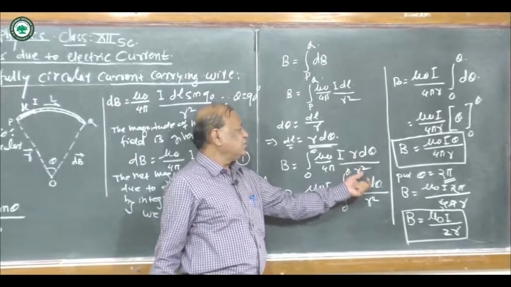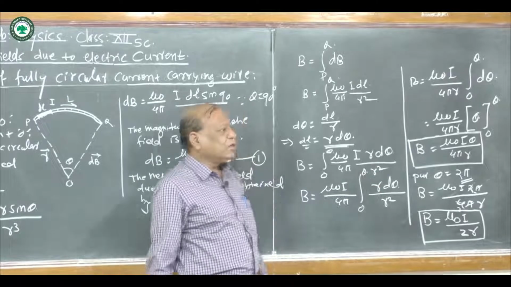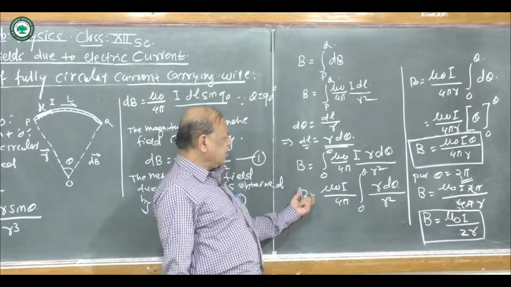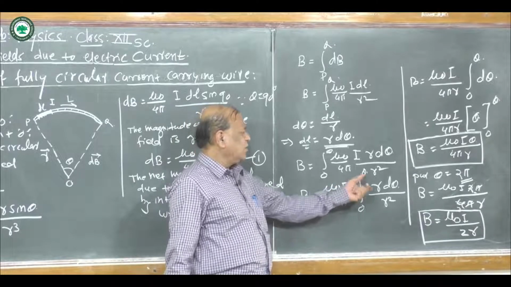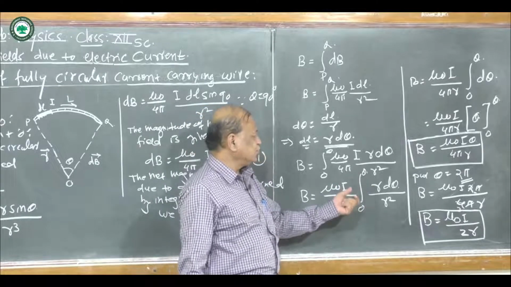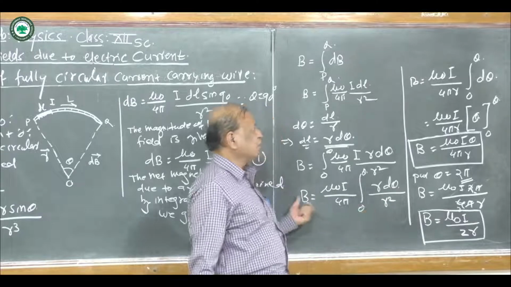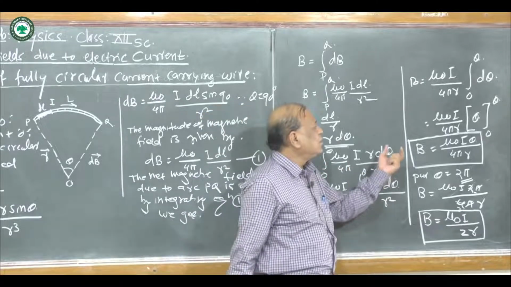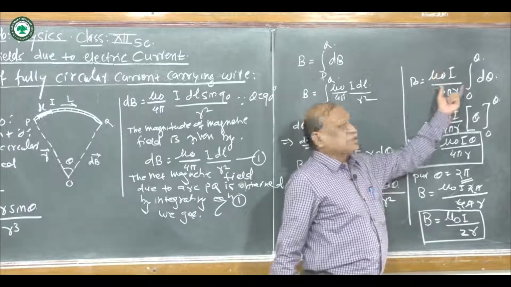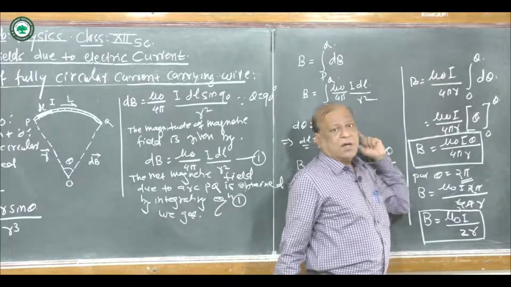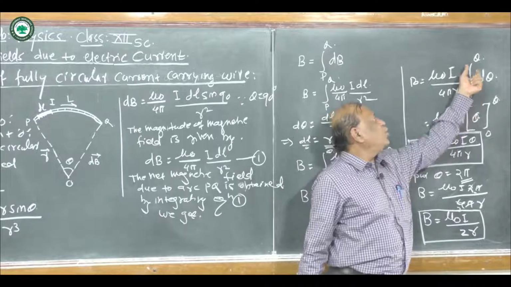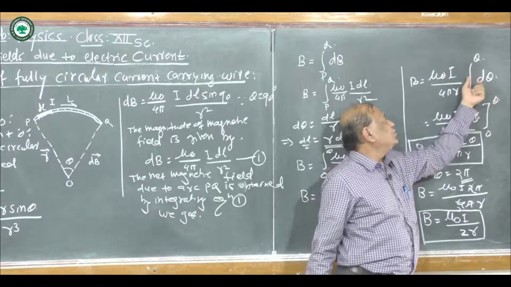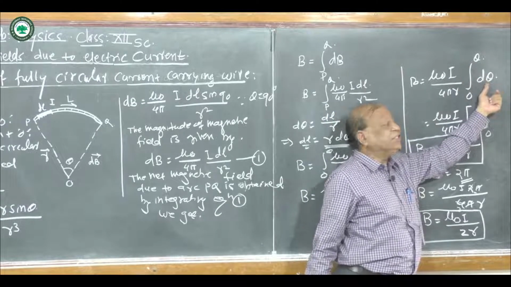This r cancels with one r from the denominator, and the value of B becomes mu 0 I upon 4 pi, integration from 0 to theta of r d theta over r square, and we take the constant terms outside the sign of integration. We only get the integration from 0 to theta of d theta.